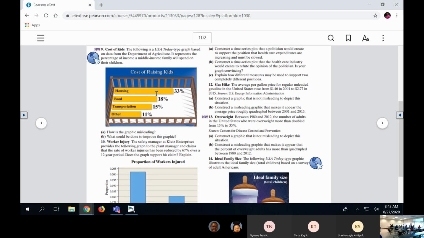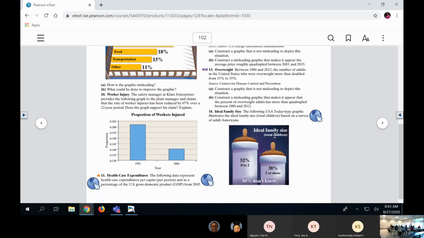Well, first of all, 33% should be back here because the whole width of the whole crib should be 100%, right? And then they don't even equal what? 100.